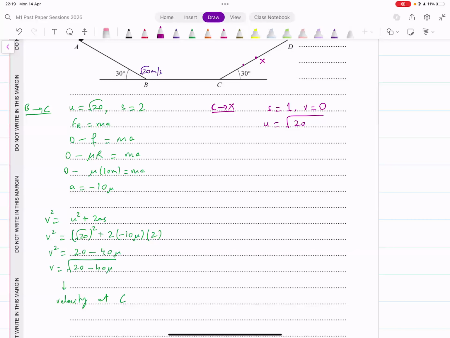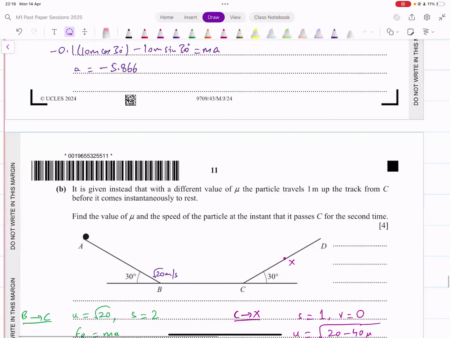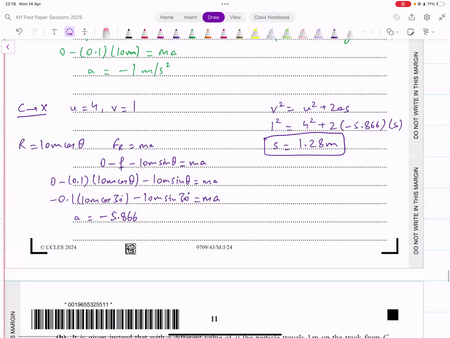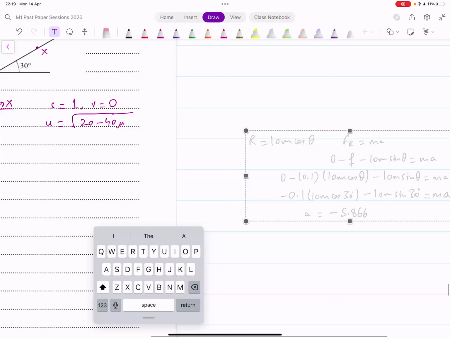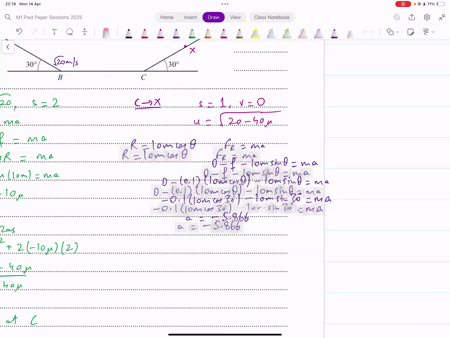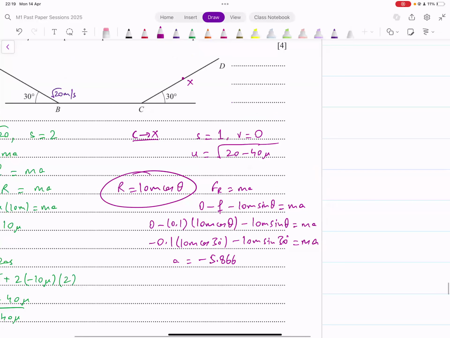Acceleration for this part of the journey, again, we can use the same thing that we did earlier for this. I'm trying to find the acceleration now. On the diagram, the only thing that changes here is the value for mu.